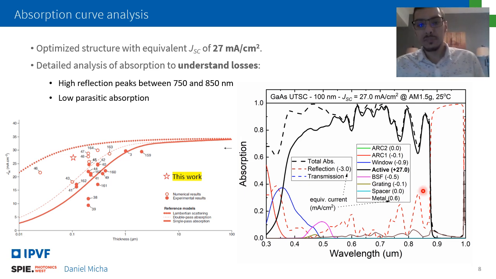Trying to understand further the physical mechanisms behind our absorption enhancement peaks, we proceeded with a study on the physical mechanisms, and hopefully we could use this understanding to maybe tune some of the absorption peaks in this region, trying to optimize even further our result.